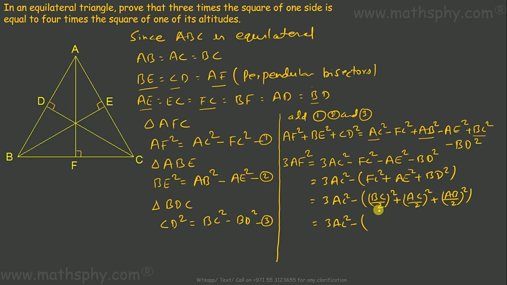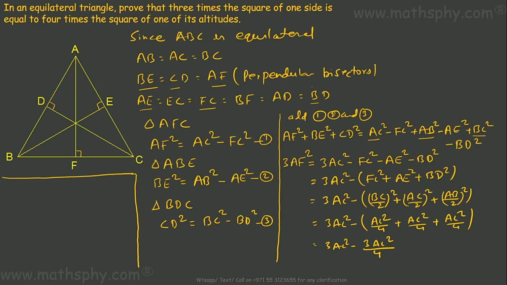So in place of BC over 2, AC over 2, AB over 2, I'll take all of them as AC over 2. So this will be AC square over 4 plus AC square over 4 plus AC square over 4. 3AC square minus, this will be 3AC square over 4. We can solve it here also because there is no space left there.